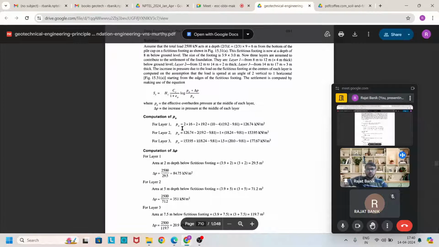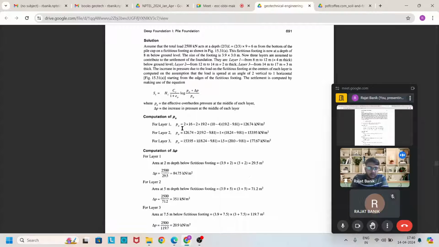So first we find out sigma v, that is the effective stress at a different depth at the middle of the different layers, by the effective stress formula, considering the water table at a depth of 4 meter. Then we have to find out del P at the middle of each layer.